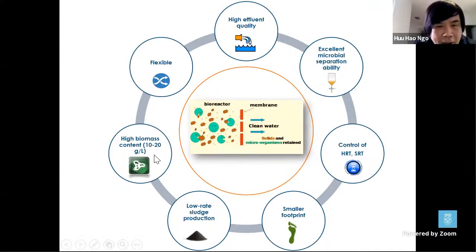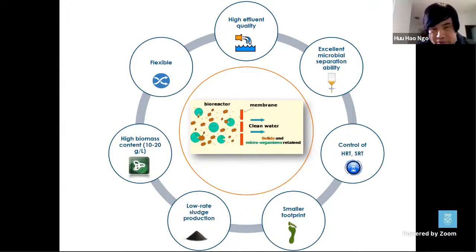And then high biomass content. That means about 10 to 20 grams per liter. We need the quantity of the microorganisms to do the job. But the good thing is, for activated sludge, for example, they may use only 5 grams per liter. And if more than that, they have to control the HRT, and also they have to replace the sludge and a lot of things there.